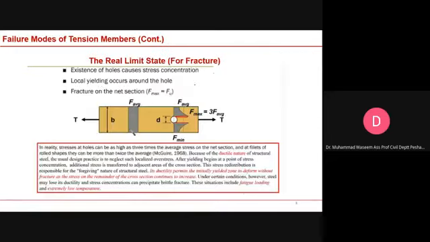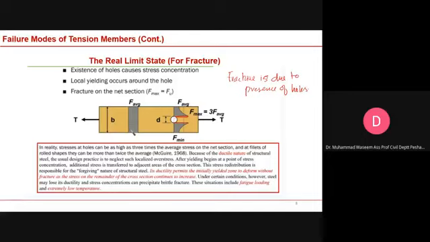Now the second limit state is the fracture. We know that the fracture will be caused at the supported length of the tension member, and this fracture is due to the presence of holes.